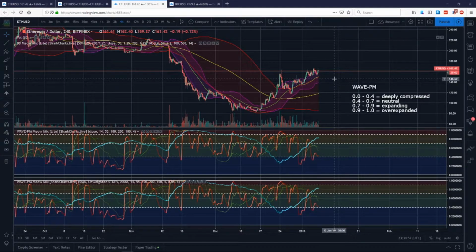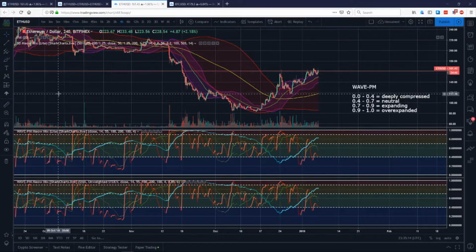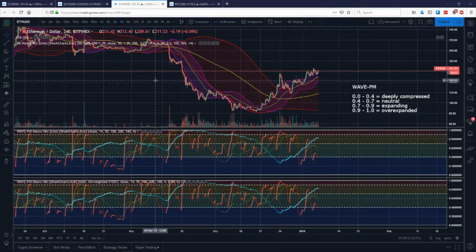But it is probable with the setup that it would move up first because everything is currently weighted to the upside, so it should take more volume to push down than up. So that's one set of signals that we're looking at.